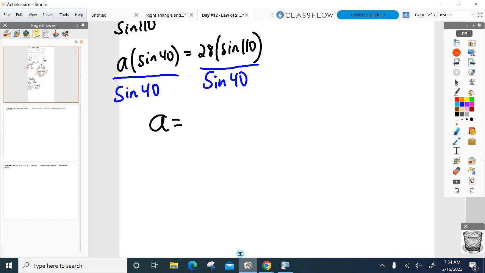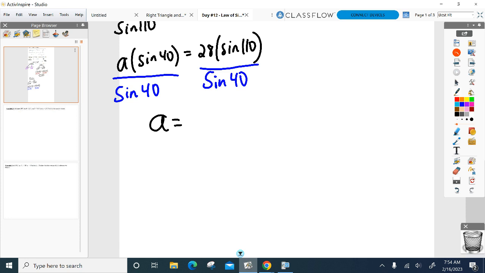Okay, go ahead. Let me see in the calculator. Yep, and then divide it by sine 40. It's painful.